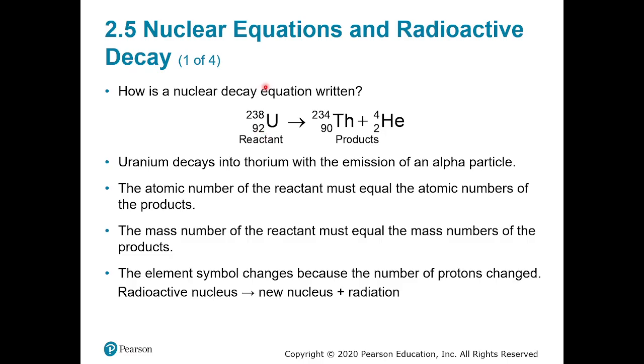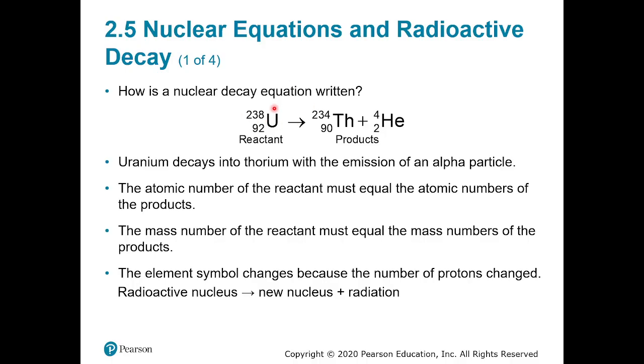The symbols are actually somewhat of an afterthought. Can anybody tell me why that would be? If you have the atomic number, does it really matter? No. As long as you have the atomic number, you can always figure out the symbol, right?